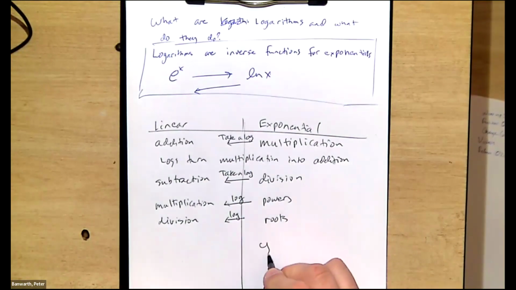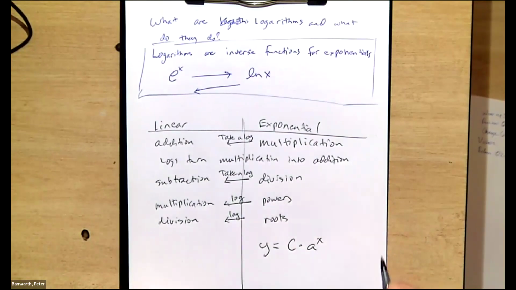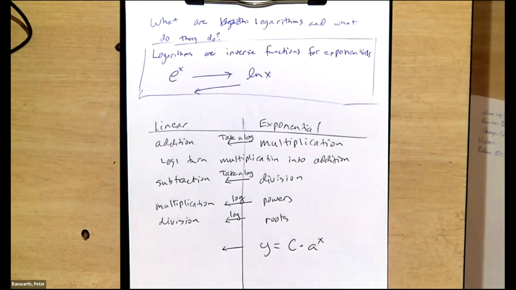If I have y equals c times a to the x, and I take a log, I always like to use natural log because it really doesn't matter what base you use. In the end, everything grows like the natural exponential. So I'm going to use ln right there. What you get is the natural log of y equals the natural log of a times x plus the natural log of c.